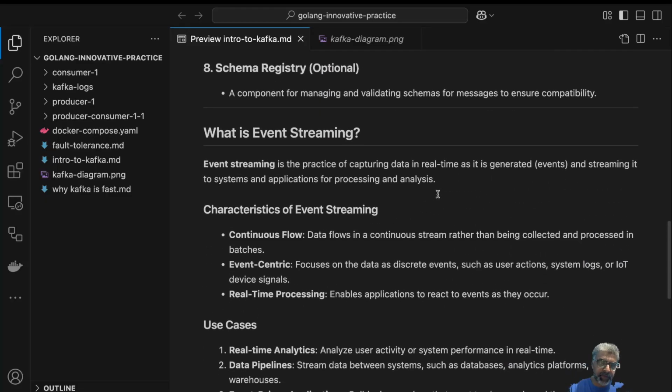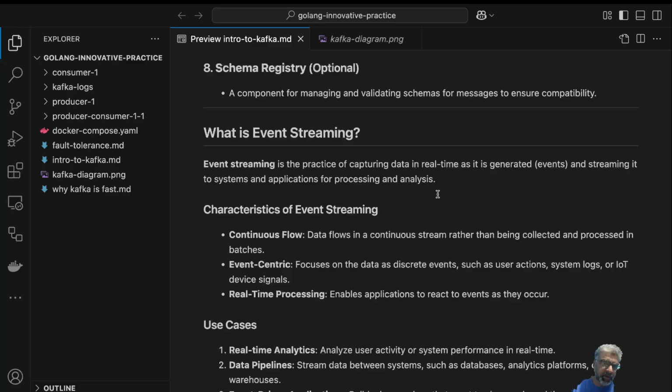What is event streaming? Event streaming is capturing the real-time data that is generated as events. An event always contains the payload with the timestamp. Streaming means a continuous flow of data.